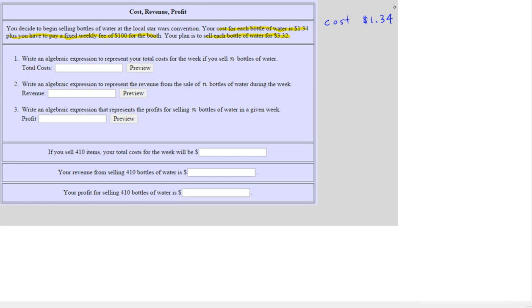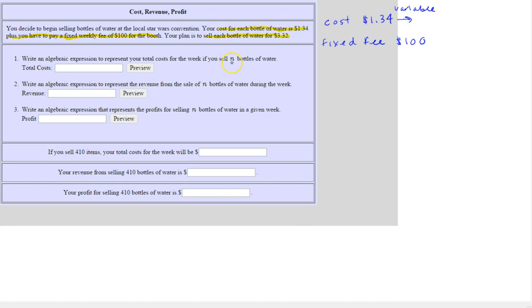And we also know that the fixed fee for the booth is $100. So this is fixed at $100 and the cost is fixed at $1.34, but this can change. This is going to be variable because we don't know how many bottles of water you're going to buy and therefore sell.